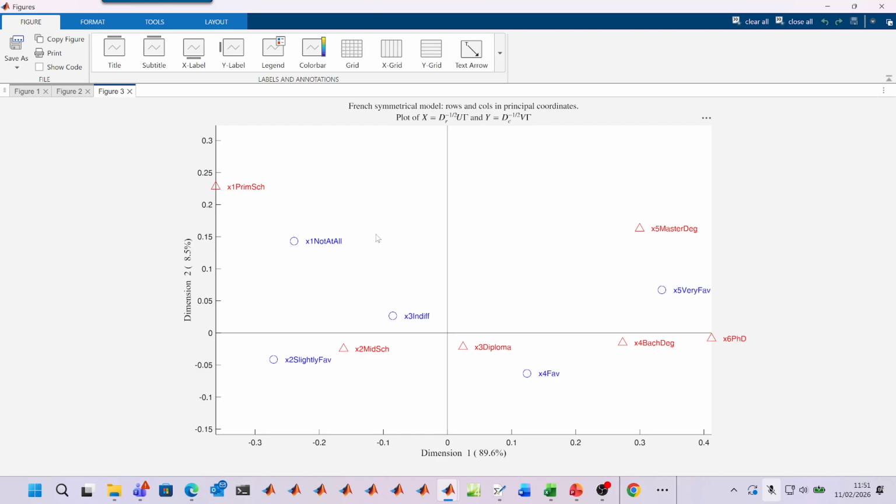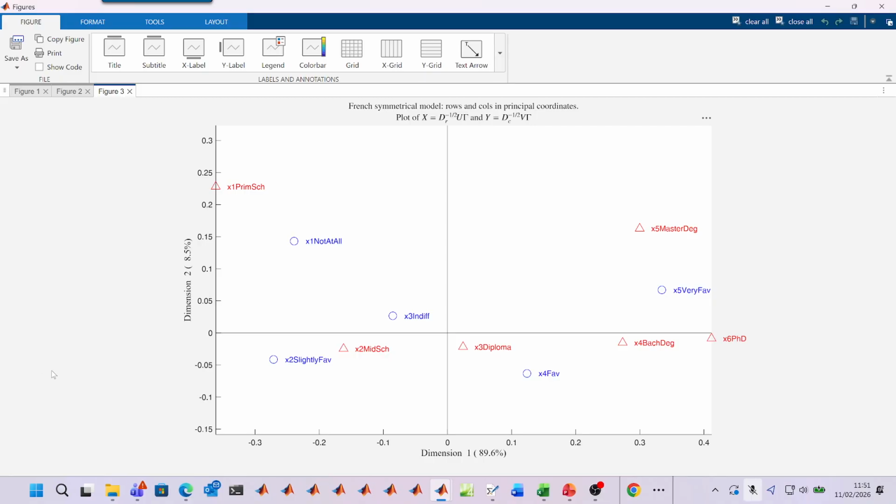What is left out is the second dimension, which is 8.5%. So in this two-dimensional plot, you do not lose anything at all, because you explain the total variability.